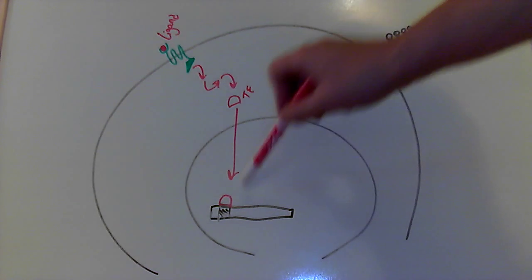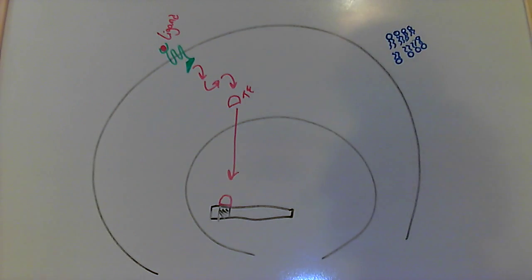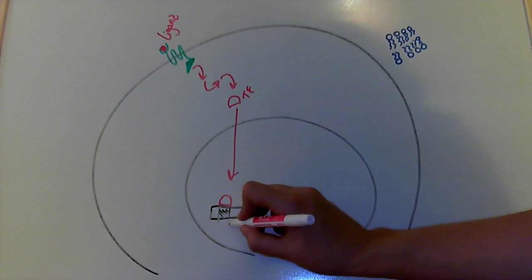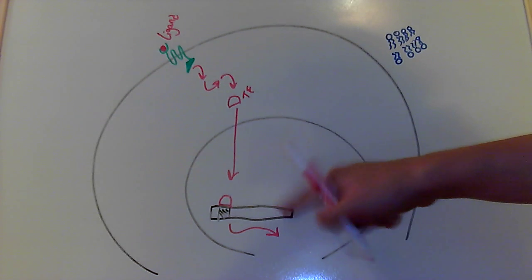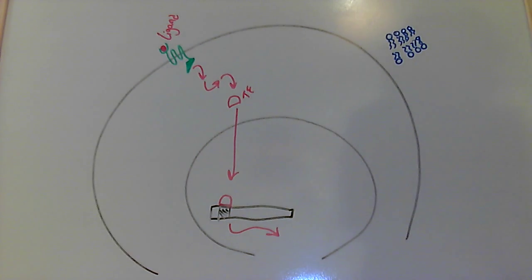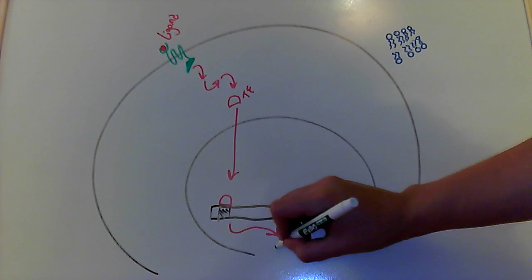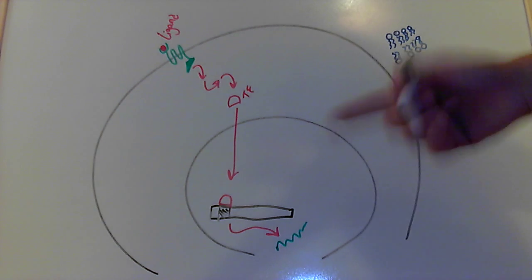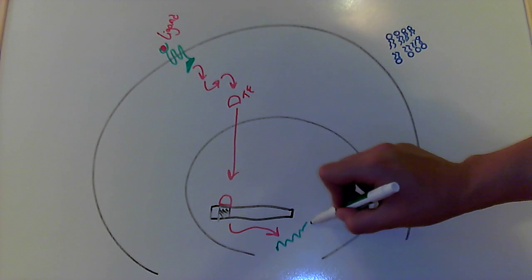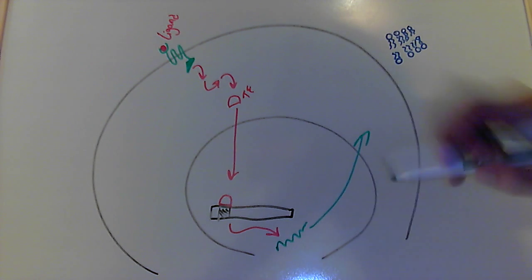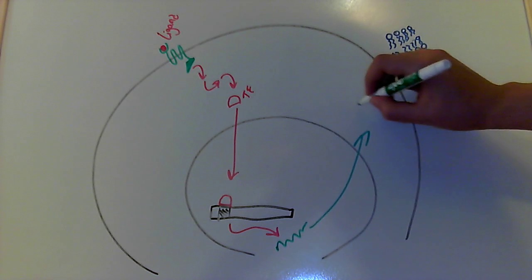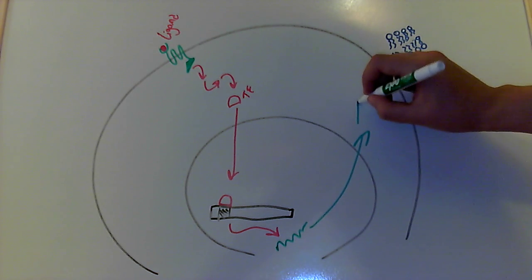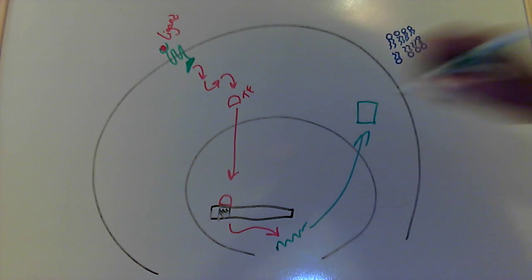So now that you have binding, that activates the transcription of this stretch of coding DNA, right? And then you get mRNA. This part should be familiar to everyone. The mRNA gets translocated to the cytoplasm and is translated into protein by the ribosome.